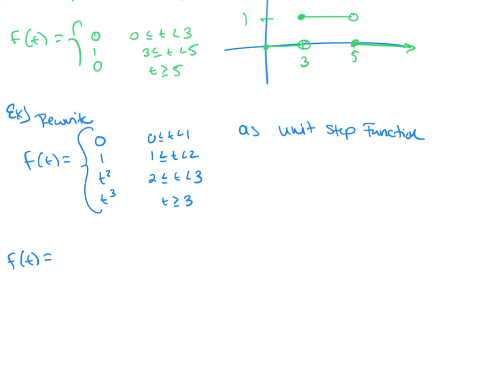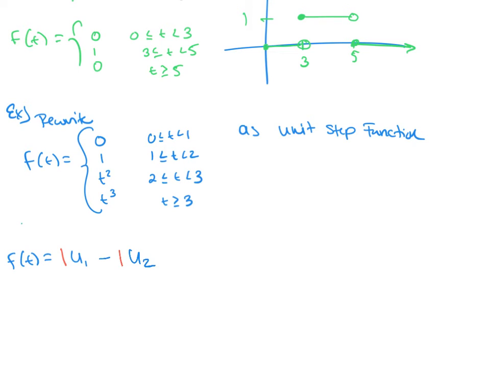First, I want to turn on the function 1 at t equals 1. So I'm going to take off the u of t's. I'm just going to write u. So to turn on the function 1 at 1, I'm going to write 1 times u sub 1. Then I want to turn off the function 1 at t equals 2, so minus 1 times u2.